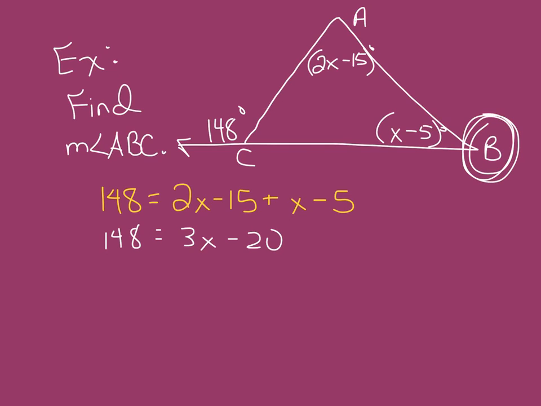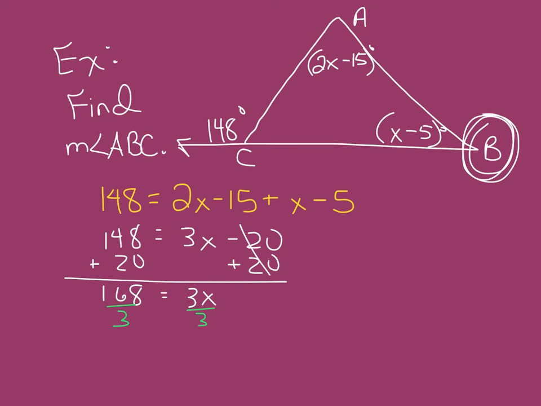Okay, so what I'm doing now is adding 20 to both sides, because that's what we do when we're doing the inverse operation. Just basic pre-algebra, middle school math here. And I get 168. 148 plus 20 equals 168. That equals 3x. To solve for x, we're going to divide by 3.